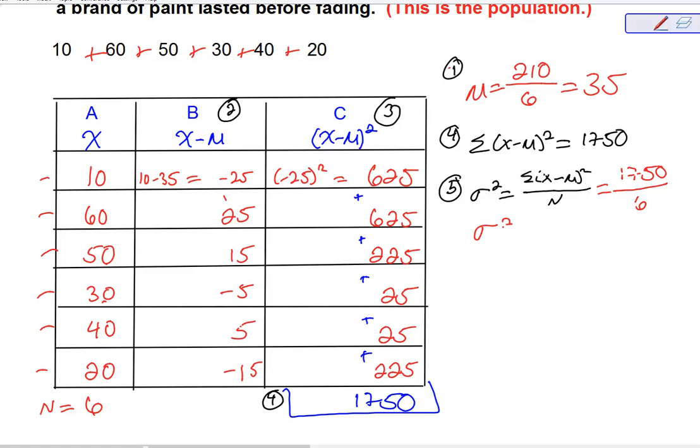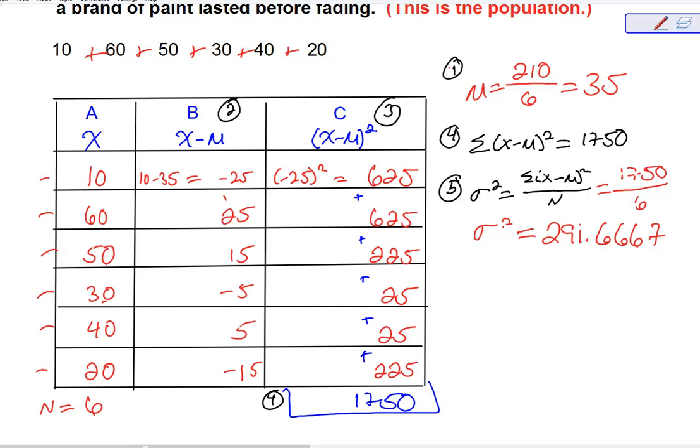So my variance is going to be 291.6. Oh, that's messing up on me again. Let's try that again. 0.6667.